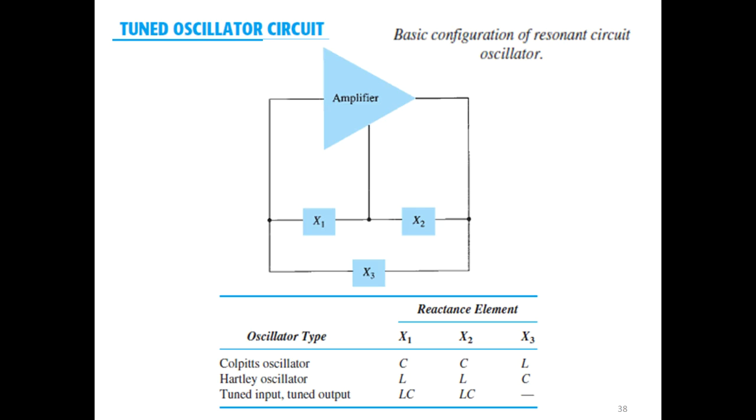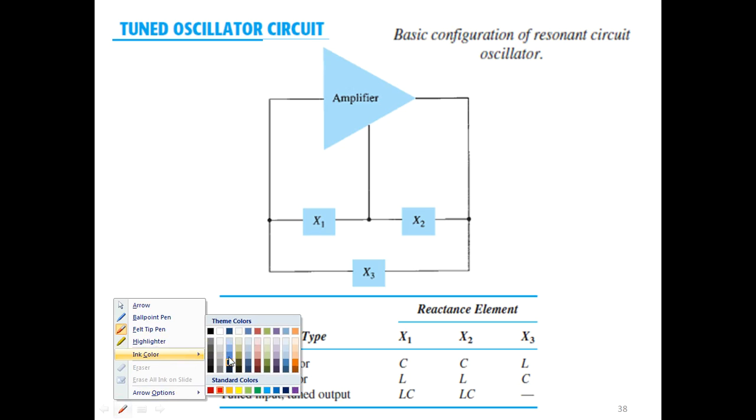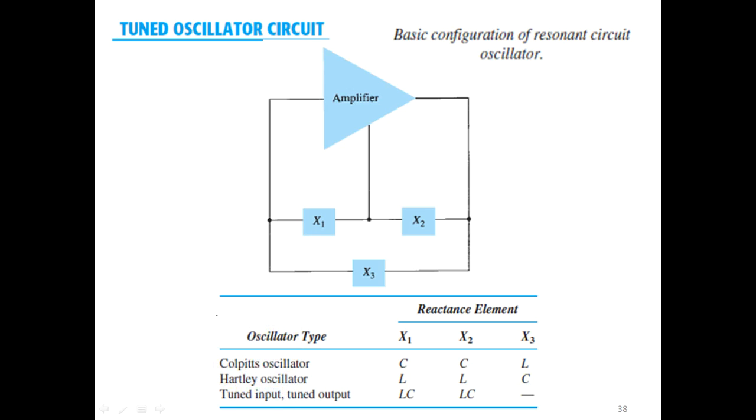Okay, so today we will be discussing another type of oscillator wherein the feedback network is not of RC components, instead it is of an inductor and a capacitor. So it's a combination of an inductor and a capacitor. Okay, fine.